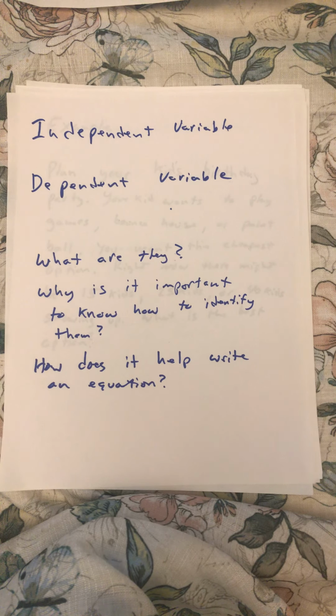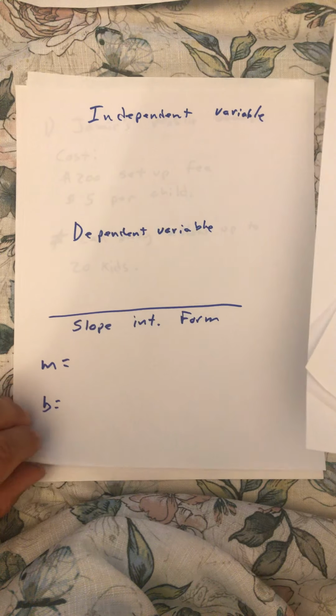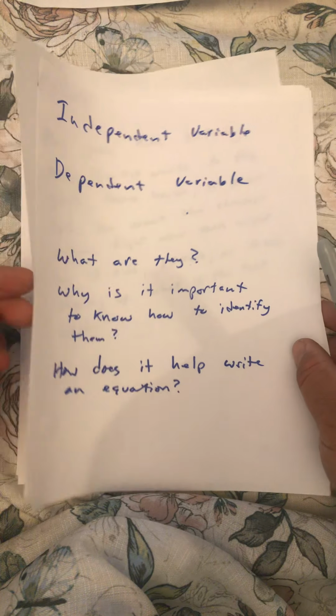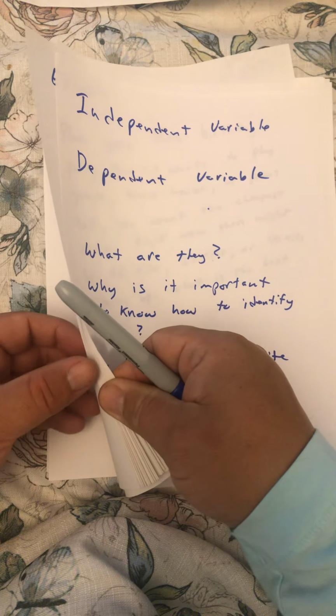So your independent variable, so we have a couple questions. What are they? Well, the independent variable is the factor that will determine the outcome. Independent variables are typically things that relate to the number of something or how many something exists depending on each situation.